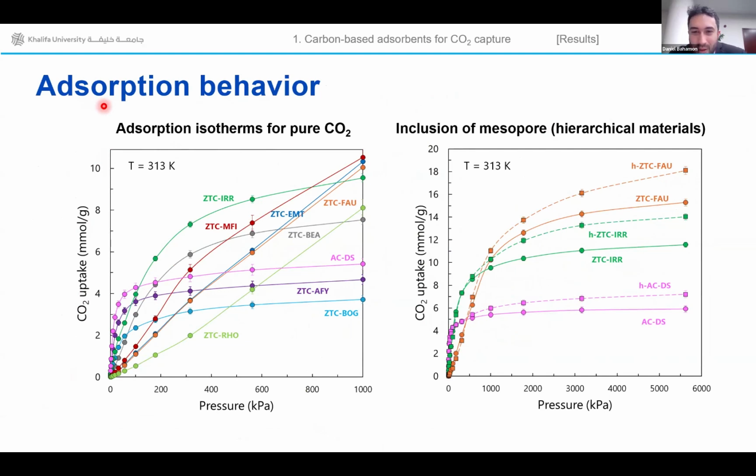As you might see here on the right-hand side, having these mesopores increases the capacity of the material, but the capture capacity in the low pressure range is basically the same. With adding these mesopores, what you are adding is more space to capture more CO2, but especially for very high pressures. So maybe it won't be beneficial for the type of application I'm showing to you today.